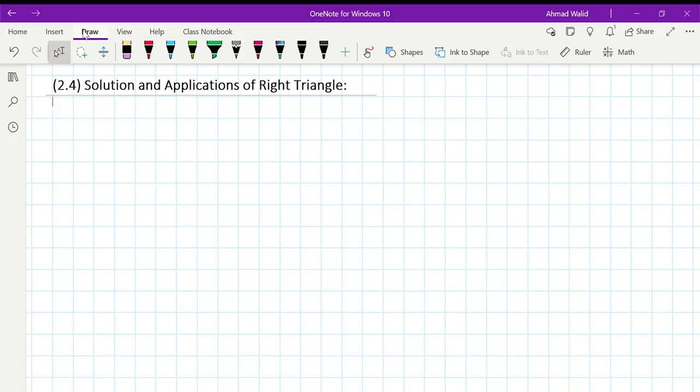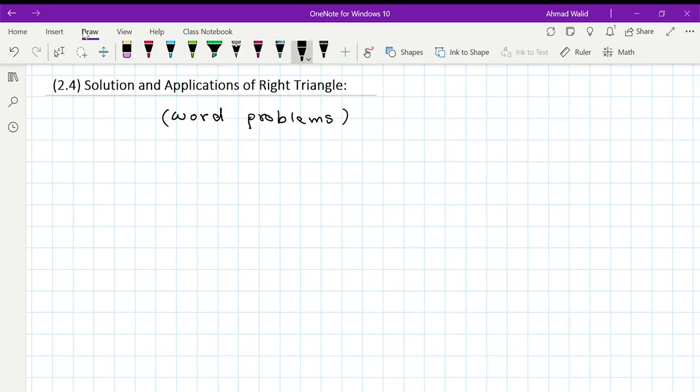I know application, in other words, most of you are familiar with the term word problems, correct? It always looks difficult for students to deal with word problems, but believe me, if you understand the concepts of the topics we learned up to 2.3, then 2.4 and 2.5 are easy.